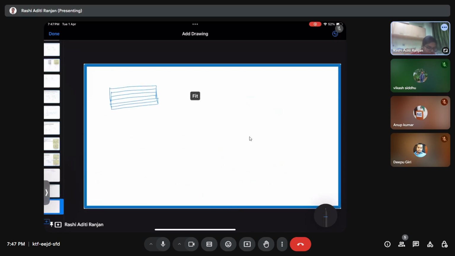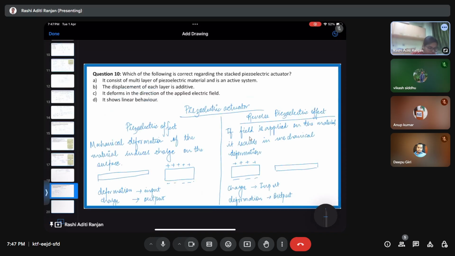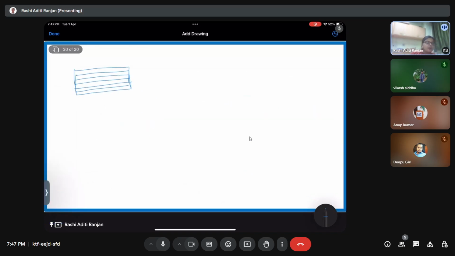Okay, and now if I apply a voltage across it, across every layer I'm applying the voltage. Okay, like here I'm applying some voltage, then here I'm applying some voltage, same voltage, let us say here, here, here. Okay, what is going to happen?